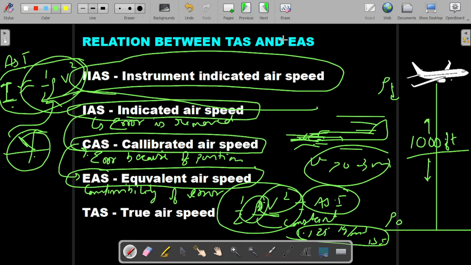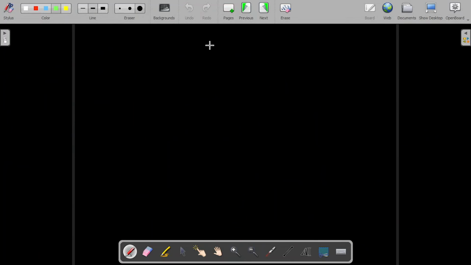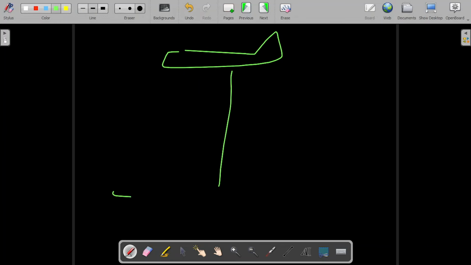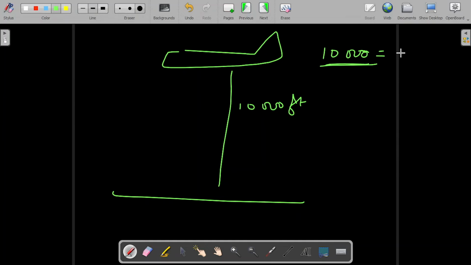So this factor also needs to be incorporated. I'll take a fresh page and explain what is happening. This aircraft is flying at a particular altitude, let's say 10,000 feet. At this 10,000 feet, the calculation will be equal to half rho v square.